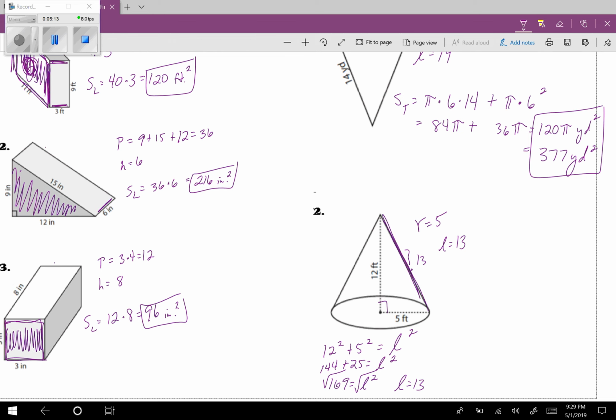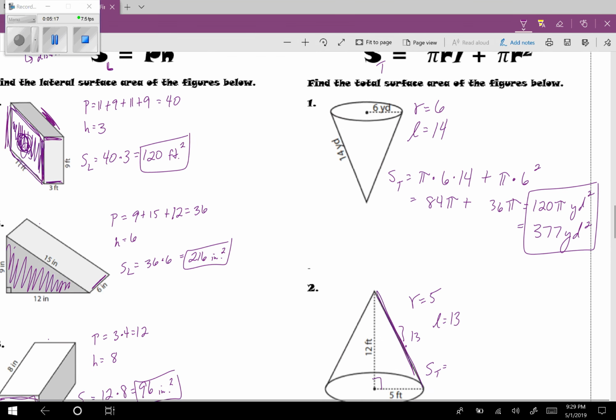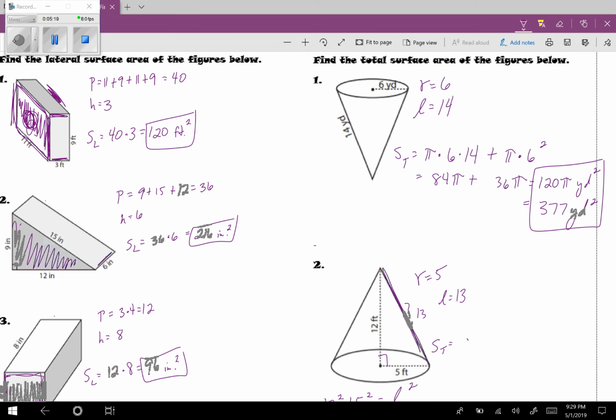Then just plug into the formula for our total surface area. It's pi times the radius times the slant height, so pi times 5 times 13, plus pi r squared, so pi times 5 squared. To calculate these, 13 times 5 is 65 pi, plus 5 squared is 25 pi.